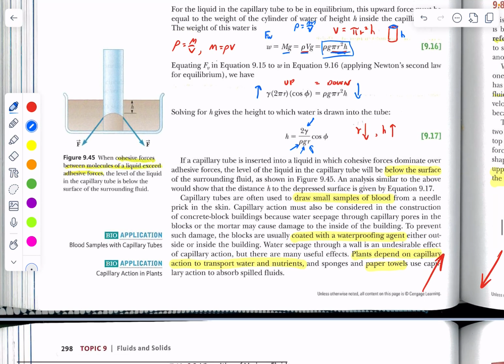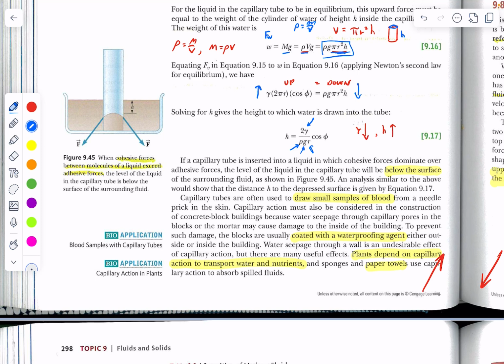Now, you may have seen capillary action in action when you go to the doctor or nurse, and they need to draw a little bit of blood in order to test your blood, maybe for sugar levels and the presence of other things. They just need a couple of drops now.